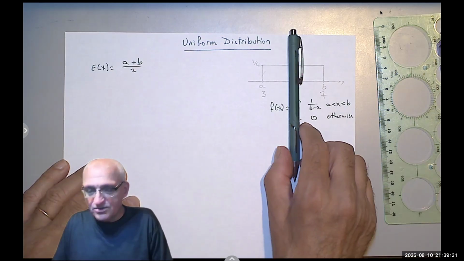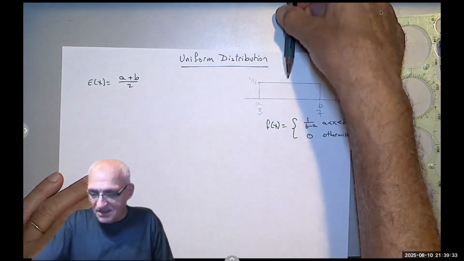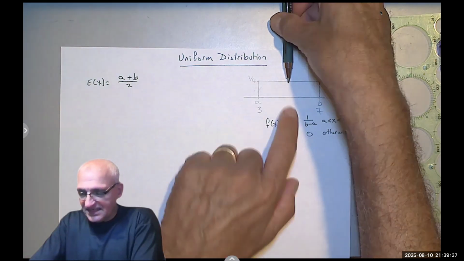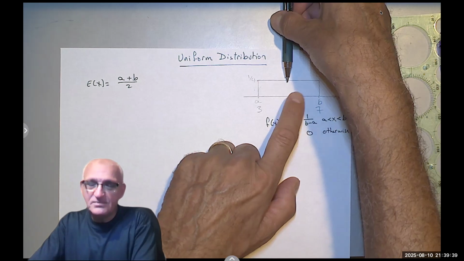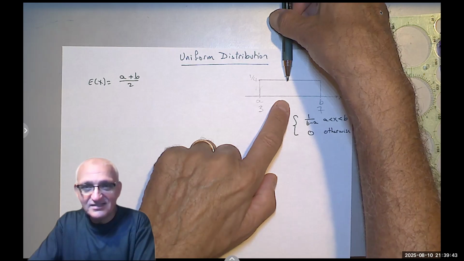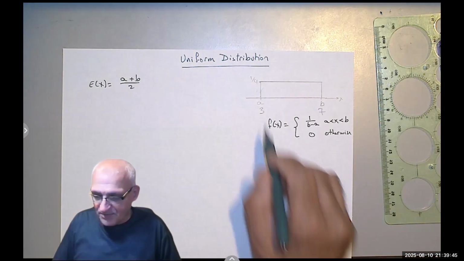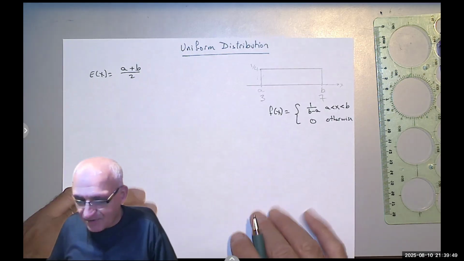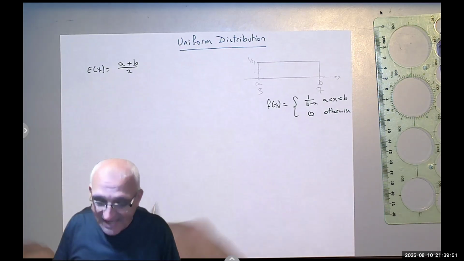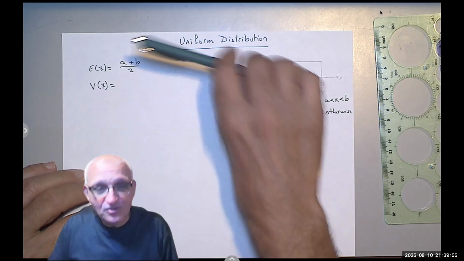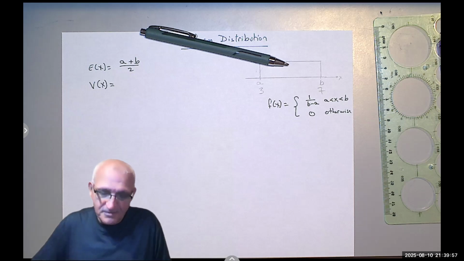If you want a fulcrum or you want to hang this plate from the ceiling, you have to hang it at the point that is 5. Exactly in the middle, which is 3 plus 7 over 2, or a plus b over 2. And here I'm going to tell you that the variance of x, I'm not going to write it. I'm going to tell you something.